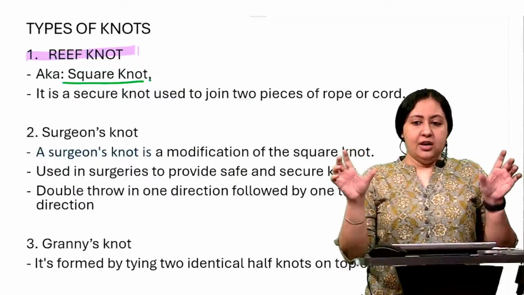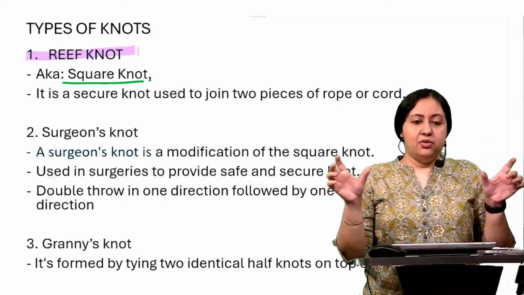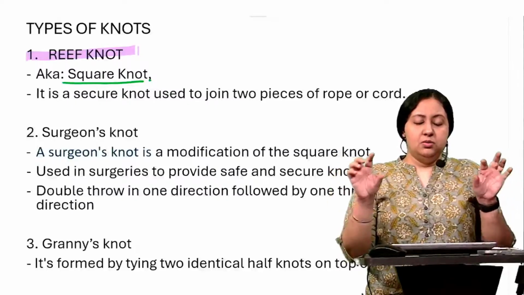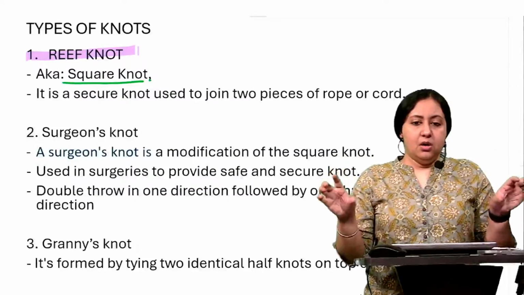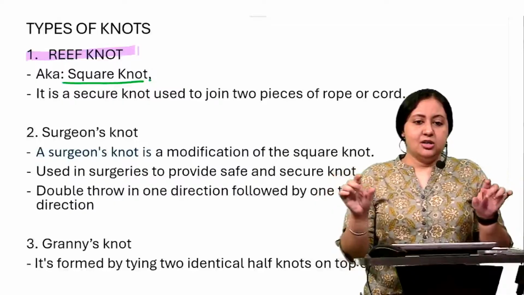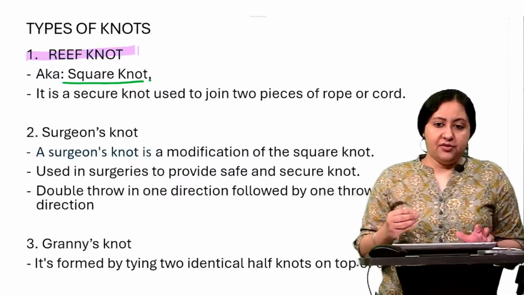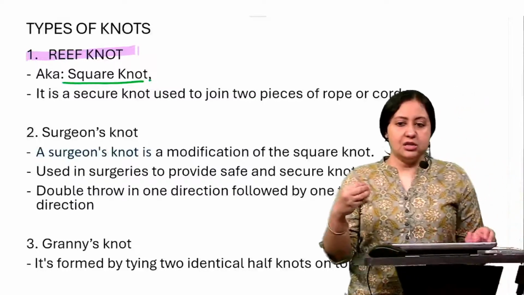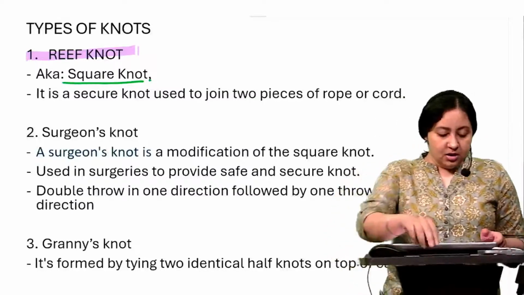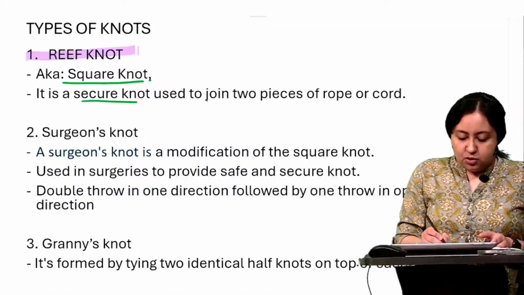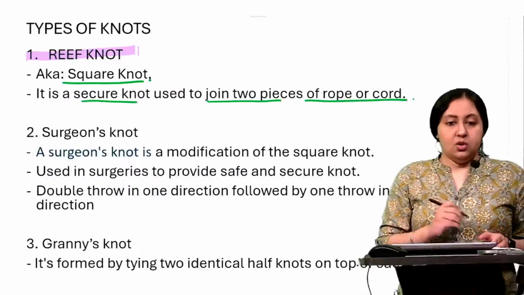When you're tying the ends of two ropes, that is when you use a reef knot. You will have to imagine these knots a little. So it is a secure knot used to join two pieces of rope or cord.